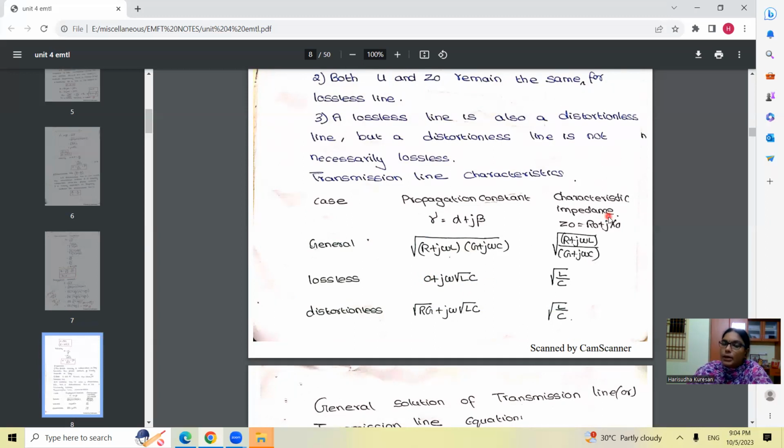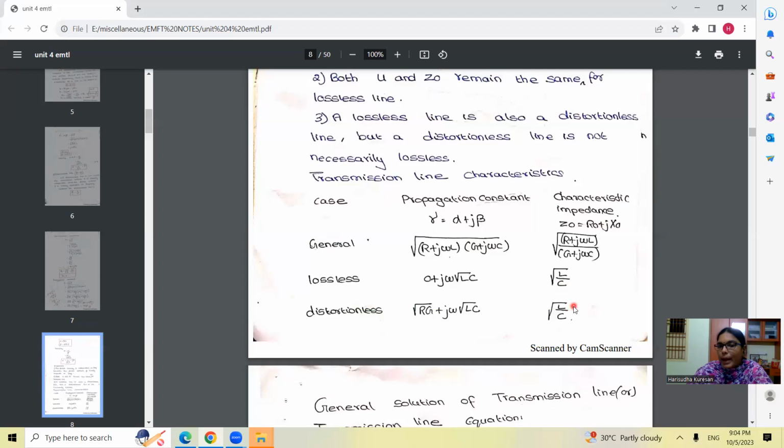Similarly, the characteristic impedance for the lossless line is square root of L by C. And the other special case is the distortionless line, in which the propagation constant gamma is nothing but square root of RG plus J omega square root of LC, where the attenuation constant alpha is square root of RG, and the phase constant beta is omega square root of LC. And the characteristic impedance for the distortionless line is the square root of L by C.